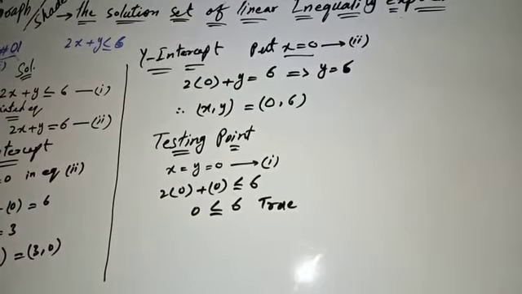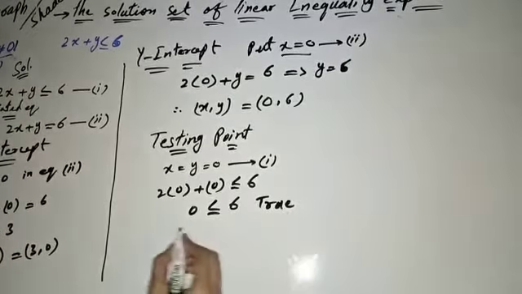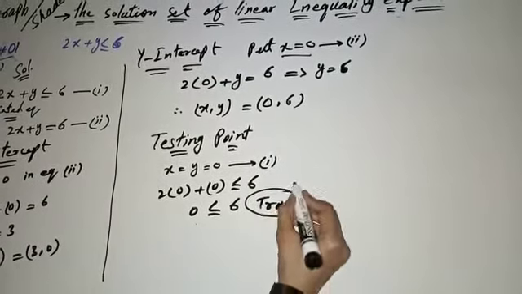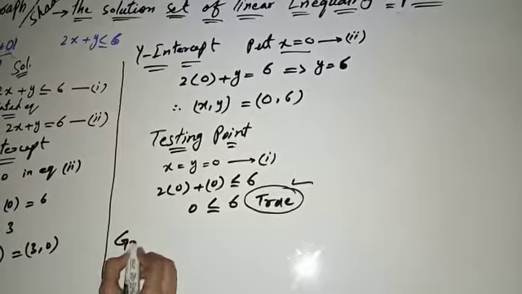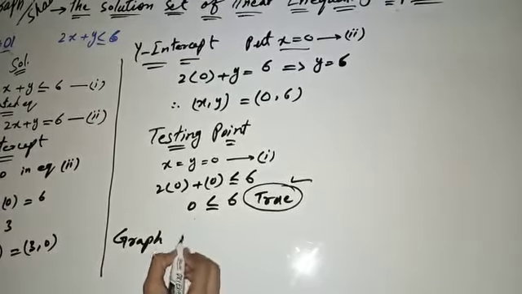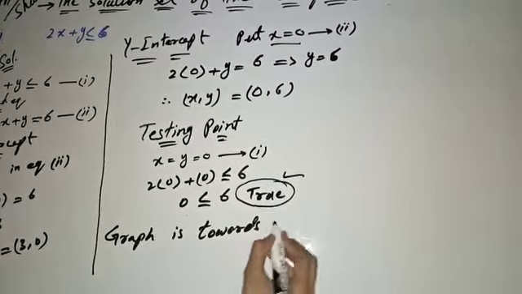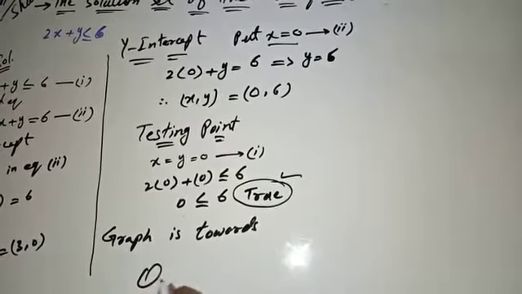It means the given linear inequality expression is true. When the solution of the given linear inequality expression is true, then the graph is towards the origin.